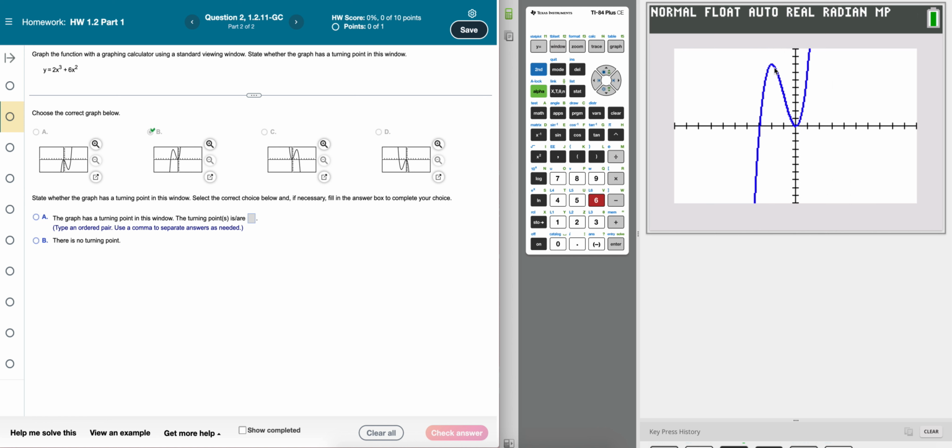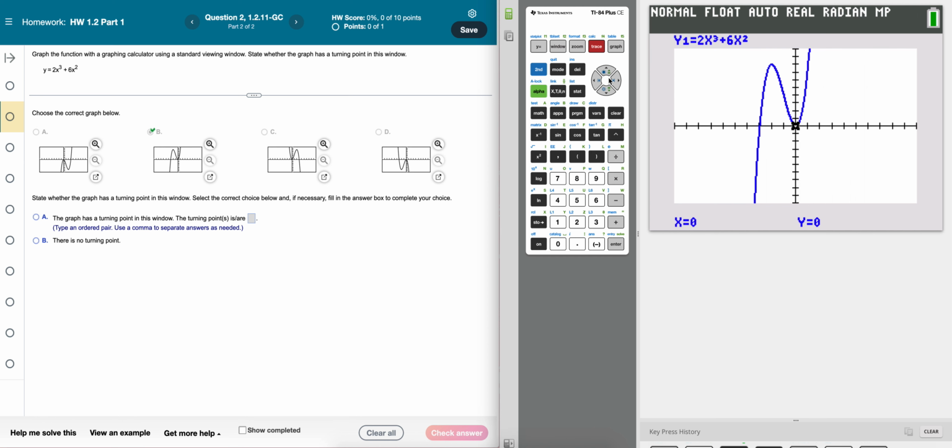Turning points are always going to be the peak of a hill in a graph or the bottom of a valley in a graph. Those are always going to be your turning points. There's a couple ways that you can find these turning points with the graphing calculator. One of them, and I'm going to be honest, this doesn't always work, is with the trace button. So if you hit trace, it's actually going to automatically give us one of our turning points here.